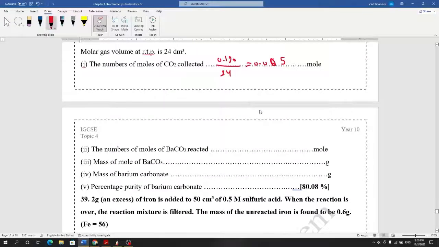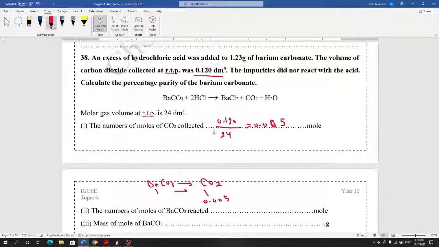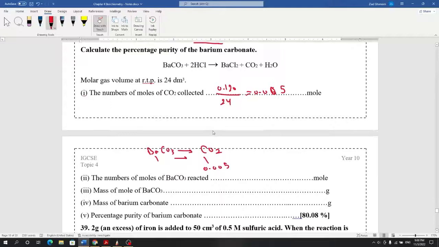The number of moles of barium carbonate reacted. From the equation, we have BaCO3 reacting to form carbon dioxide. The mole ratio is 1:1. We have 0.005 mole of carbon dioxide. Similarly, we get the number of moles for barium carbonate, which is 0.005 mole, right?